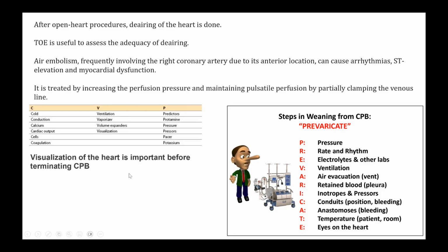Visualization of the heart is important before termination of CPB, so you can find out the contractility, distension, residual air, conduction, and valvular function, all by looking at the heart.